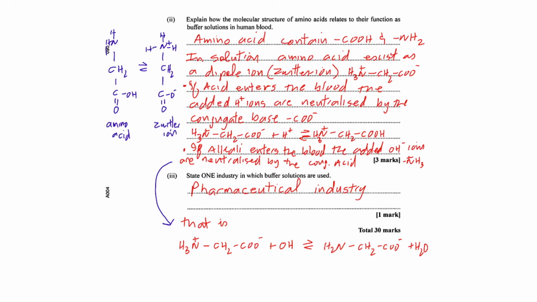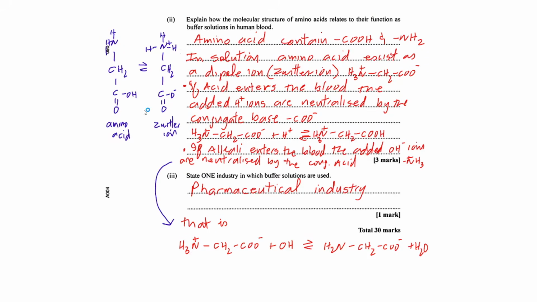Well, we must first talk about amino acid. And as you can see, that amino acid consists of 2 parts, 2 groups. Here we have the acid COOH, and here we have NH2, which is the amine. So the first thing we say is that the amino acid contains the carboxylic acid group and the amine group. In solution, the amino acid exists as a dipole ion called zwitterion.